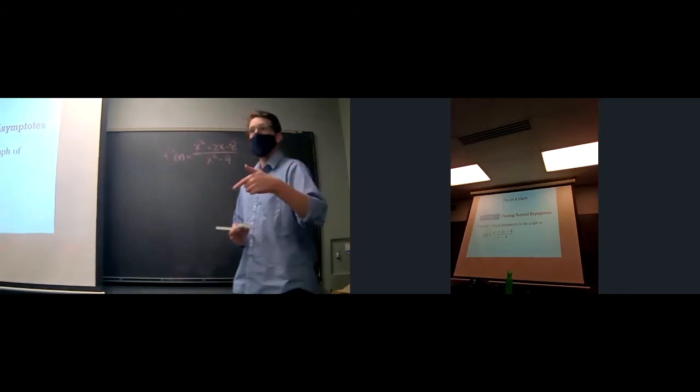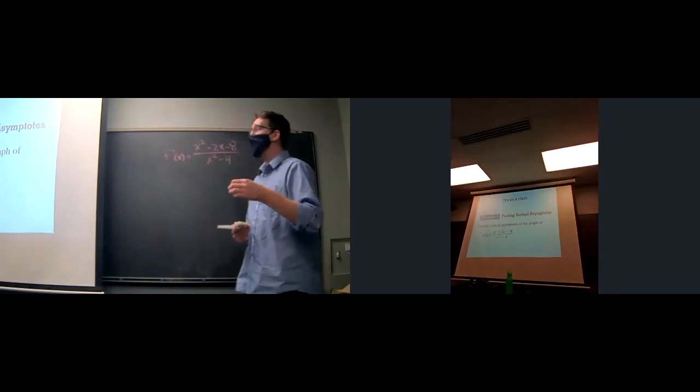Looking at this, it may not be obvious right away, but we're going to have discontinuities of two different sorts. We're going to have an asymptote, so a jump discontinuity, and we're also going to have a discontinuity where there's just a hole in our function. We're going to have to plug it somehow.